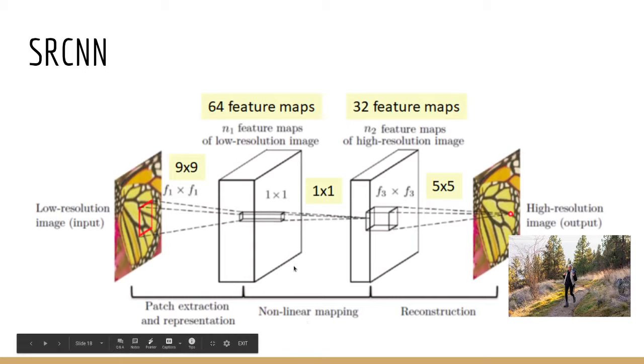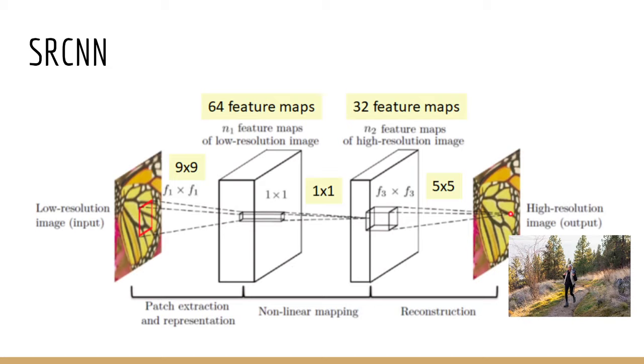This non-linear mapping here is effectively a dense layer. You could assume it to be a dense layer, and that dense layer lets you form extremely complex connections between the low resolution feature maps and the high resolution feature maps.